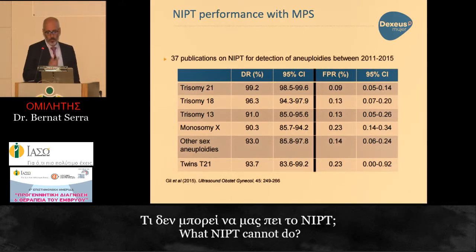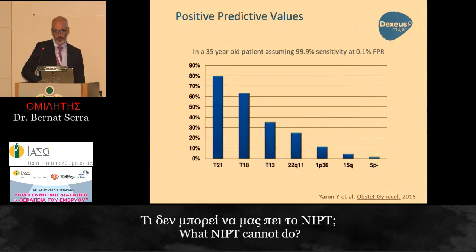So just to reach almost the end of my presentation, just to review that the multiple parallel sequencing tests have detection rates for trisomy 21 of 99%, with false positive rates of 0.09%, whereas the detection rate drops for trisomy 18 and trisomy 13, and especially for monosomy X, as false positive rates also increase compared to chromosome 21.